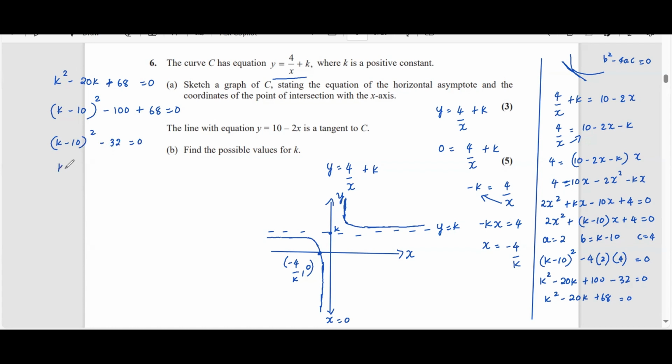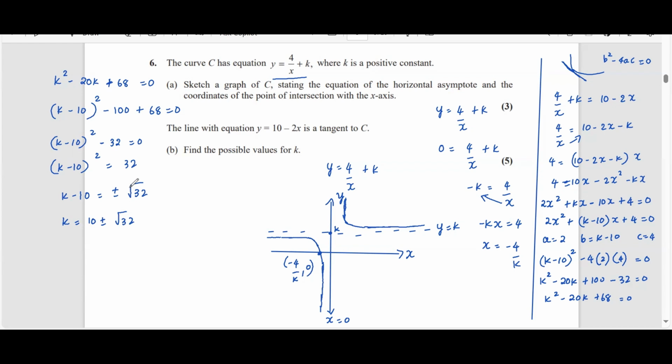So k minus 10 the whole square equals 32, positive 32 on the other side. Now k minus 10 will be plus or minus square root of 32. We're just square rooting both sides. So k will be 10 plus or minus root 32.